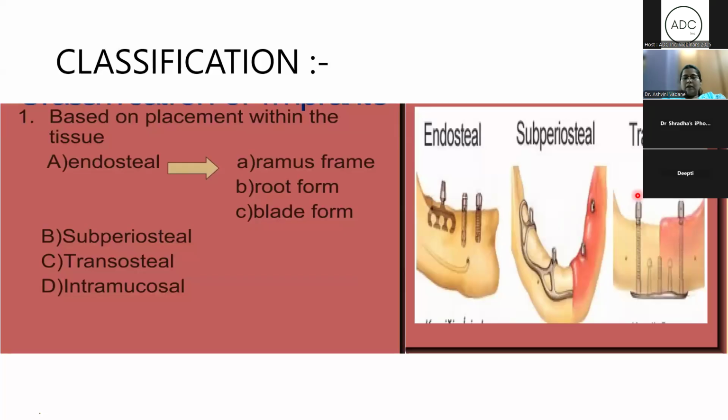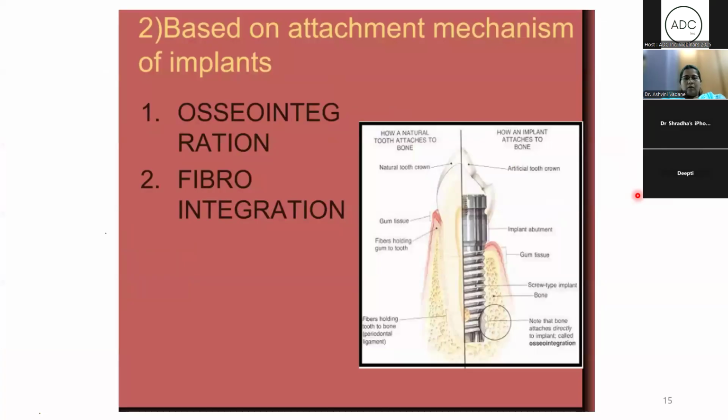And the last one is the intramucosal, which are placed in the mucosa. Then, based on the attachment mechanism of implants, as we have discussed in the last slides, the dental implant attaches to the bone by the process of osseointegration or fibrointegration.